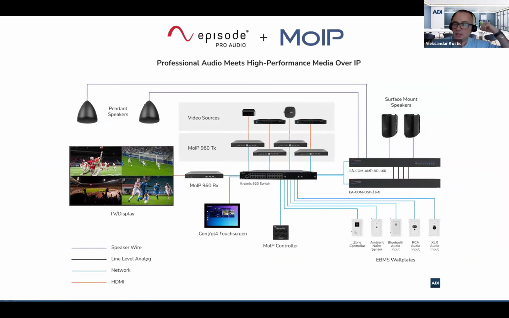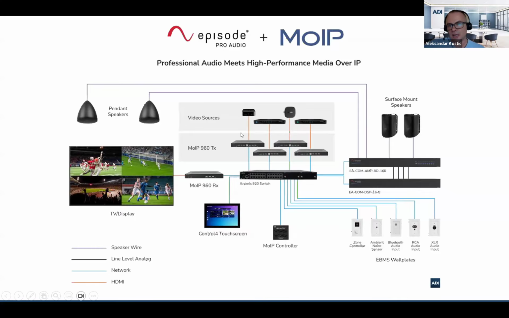Just keep in mind that EBMS products like the DSP are fully compatible with both generations of Binary, 900 and 960, but 900 and 960 are not compatible with each other. So if you have a MOIP already designed with 900 or with 960, you can add EBMS to either one. You are not limited in any way where EBMS can fit.